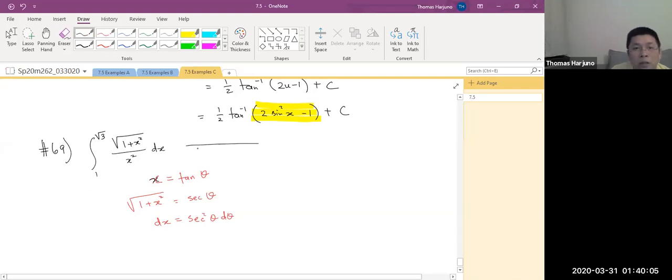Then this integral becomes, this will be pi over 4, and this is pi over 3, I believe. On the top, I get secant theta. x squared will be tangent squared theta. Then I get secant squared theta d theta.